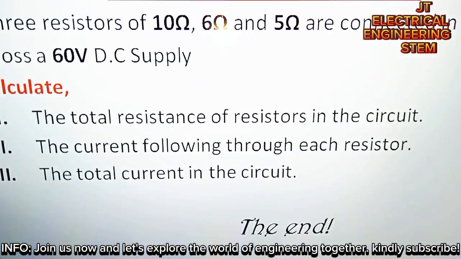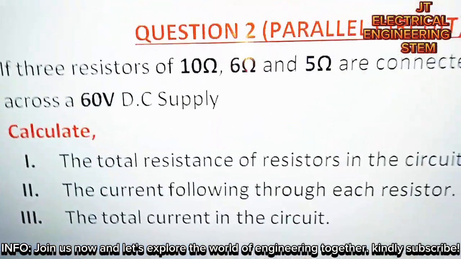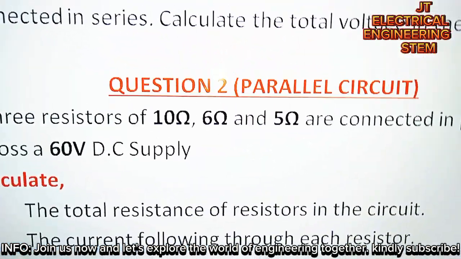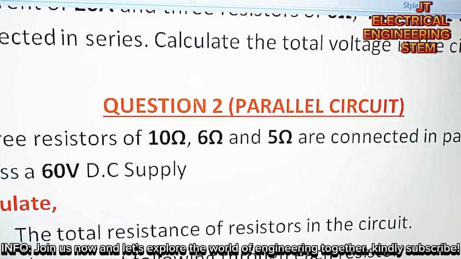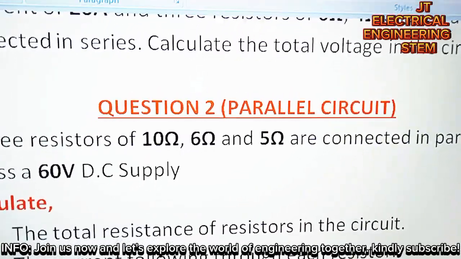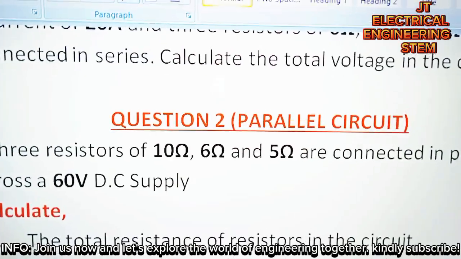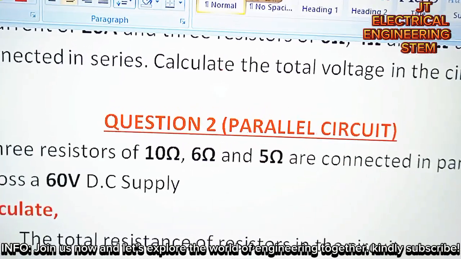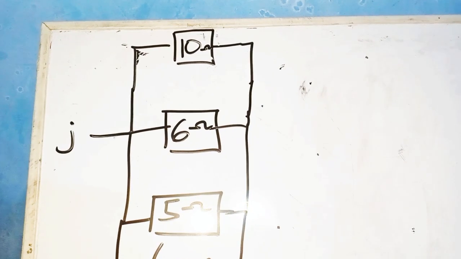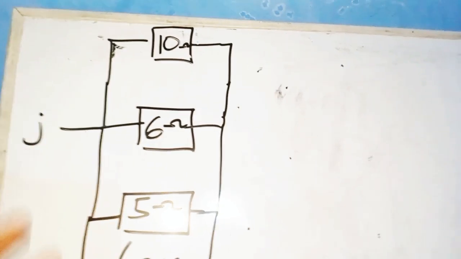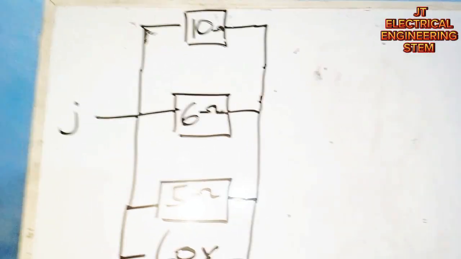So let's move to our board and then solve for question I, which says we should find the total resistance of resistors in the circuit or component. So let's go to our board now. Follow me. So on our board here, I've illustrated what I read on the screen.